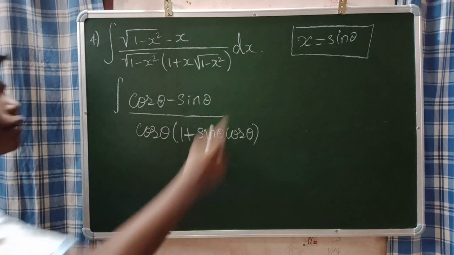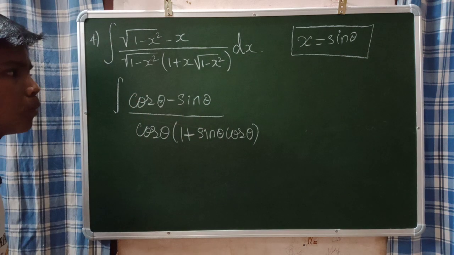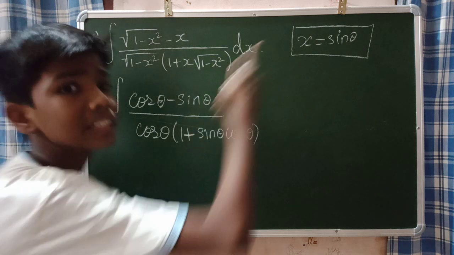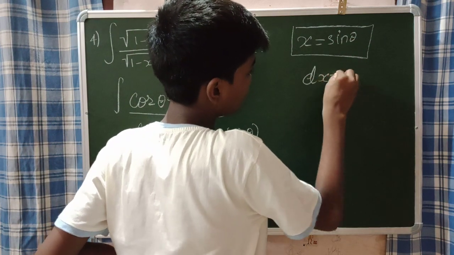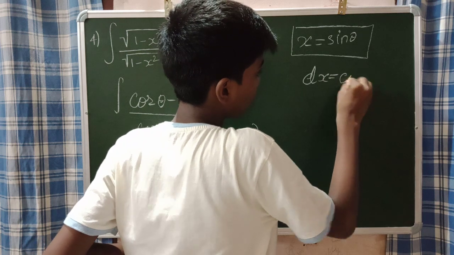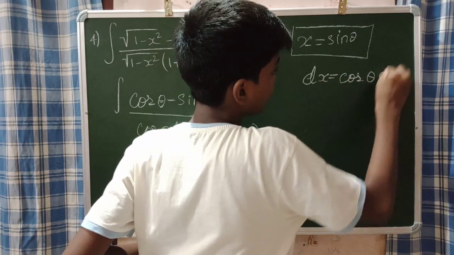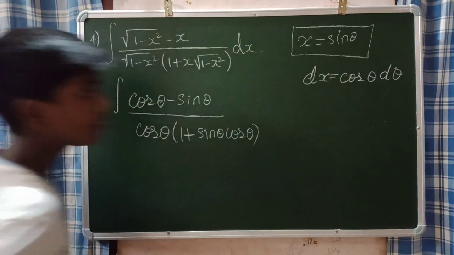Now guys, what will be the value of dx? If x is equal to sin theta, then dx will be the differentiation of sin theta, that is cos theta d theta. This is what you need to understand, guys.